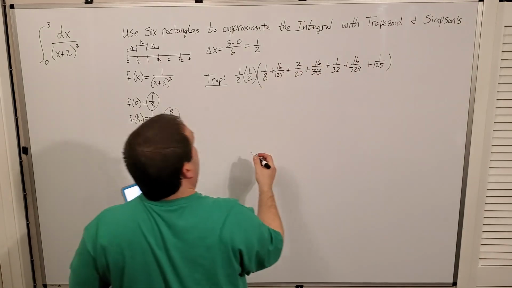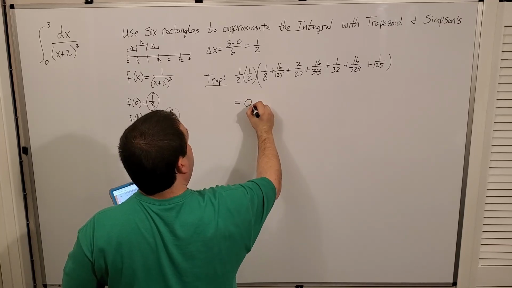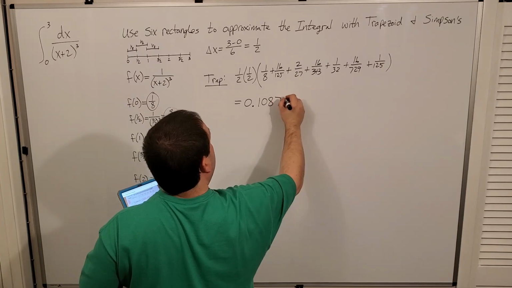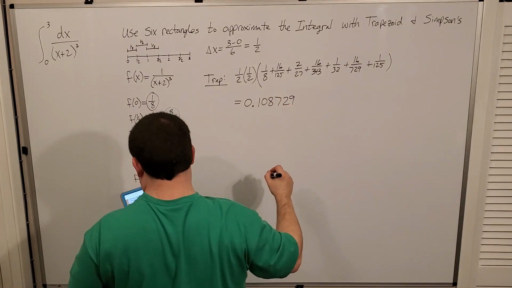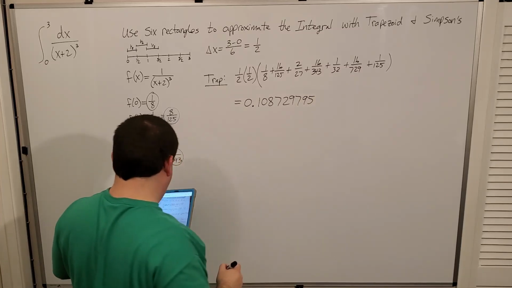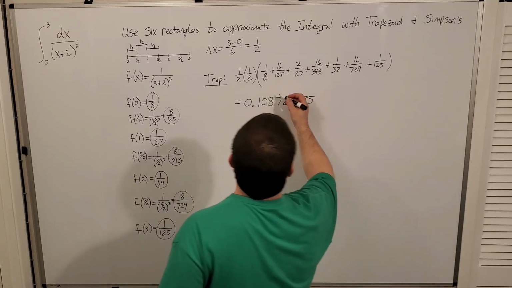When you crunch this up, you get that this is equal to 0.108729795. Okay? So there's my trapezoid rule.